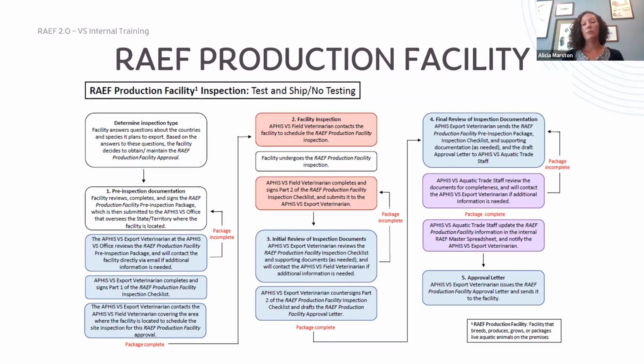We'll then communicate back to the export VMO and say, okay, everything's all good. The master spreadsheet's been updated. And then the export VMO will issue that official approval letter to the facility. So that's the workflow for a production facility inspection when there's no testing or it's test and ship.